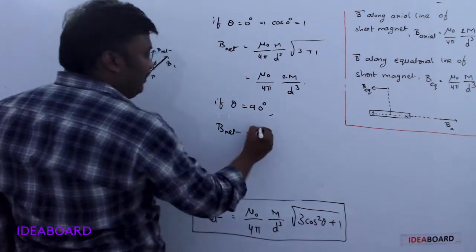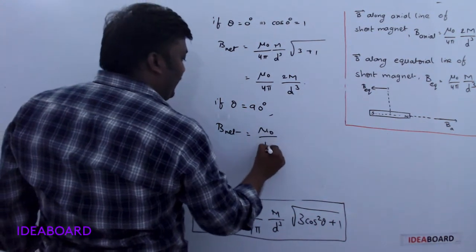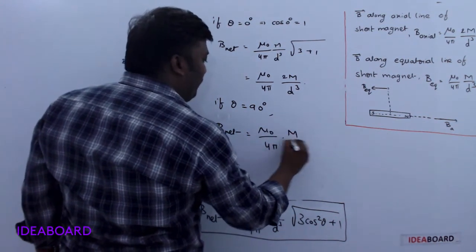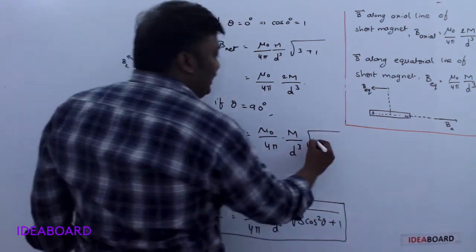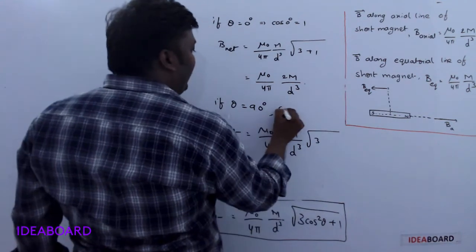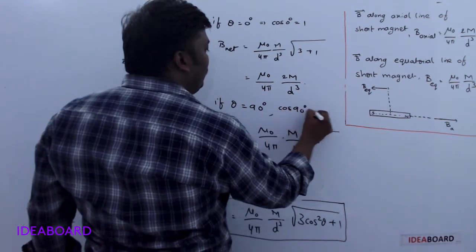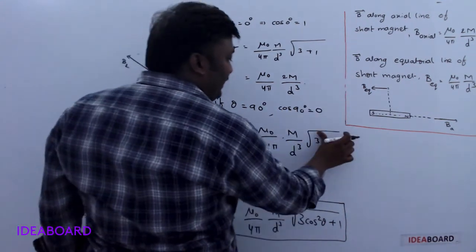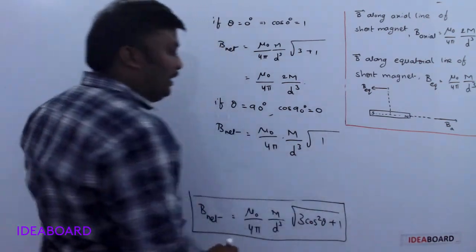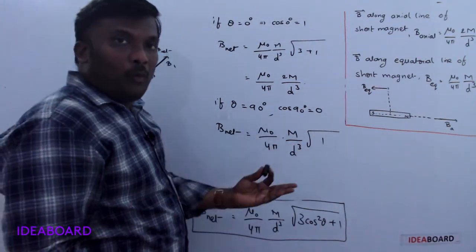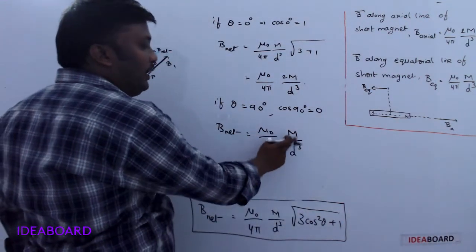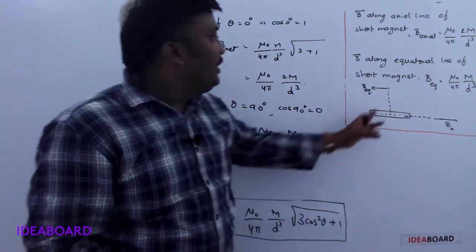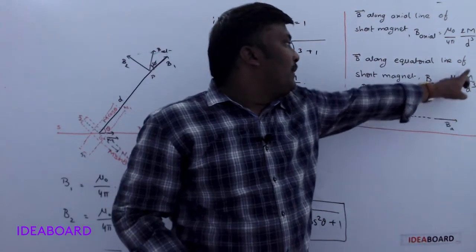B net formula is mu naught by 4 pi m by d cube into under root 3 cos square 90. Cos 90 value is 0, and 0 times anything is 0, so we have only 1. Root 1 value is 1, so what is the value of B net? Mu naught by 4 pi into m by d cube. This is similar to the equatorial line formula, mu naught by 4 pi m by d cube.